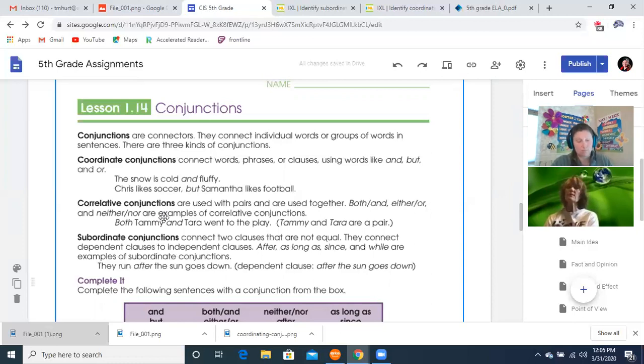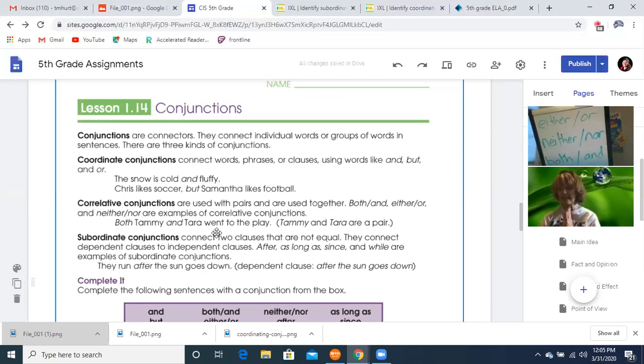I took some notes myself before this video so that I could tell you the exact meaning. Correlative is the one that we're not as familiar with. It's used with pairs and used together. You would use both and together, either or together, and neither nor.